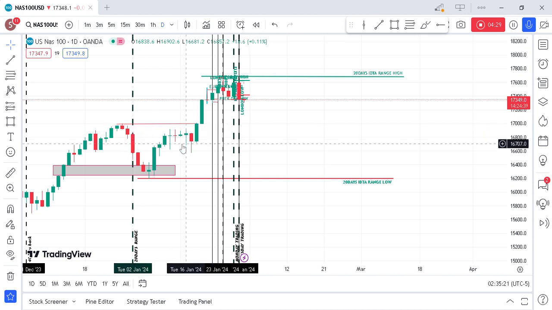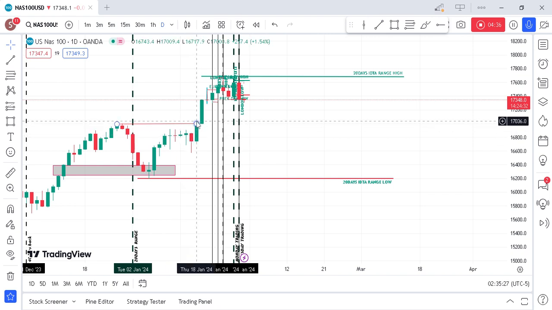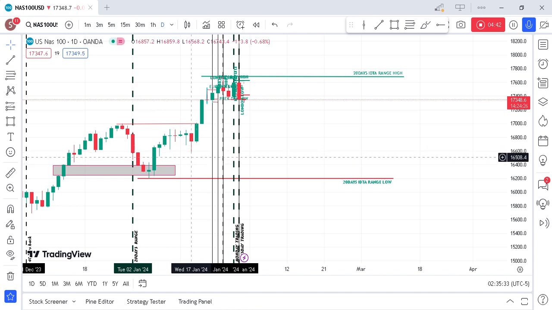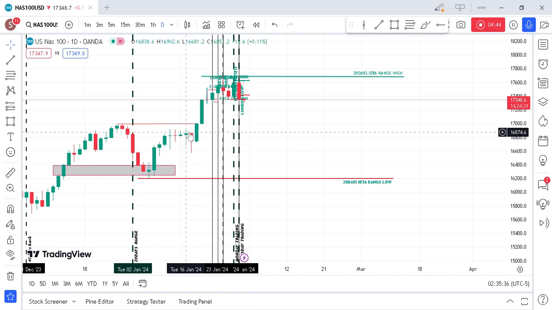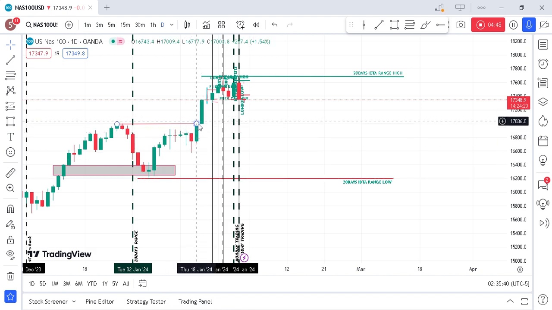When the market is here as a support and resistance trader, what you are going to do, you are going to sell the market. Why are you going to be selling the market? You're going to be selling the market thinking that the market is going to go down, and you find that the market is now going up.